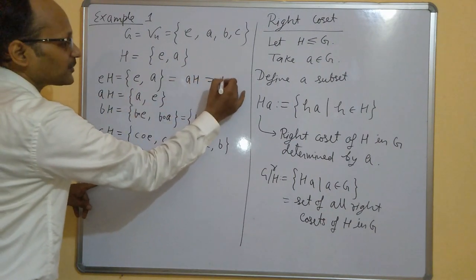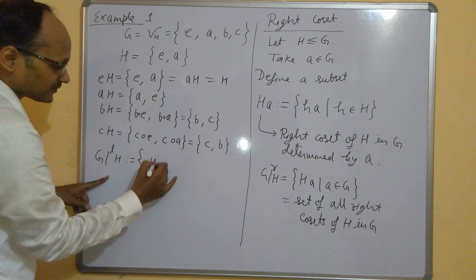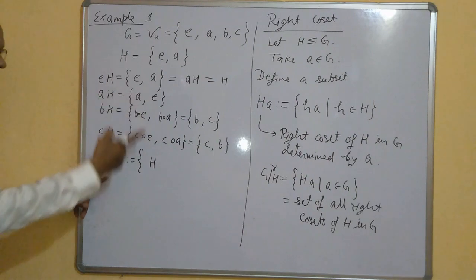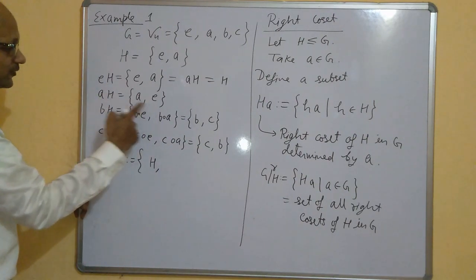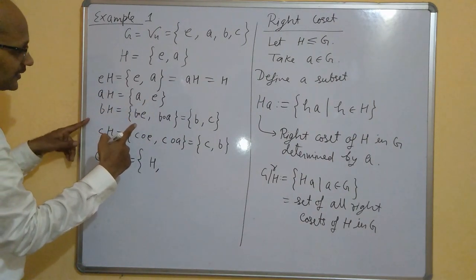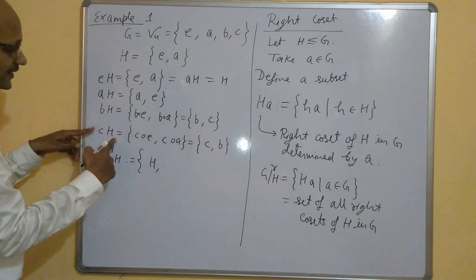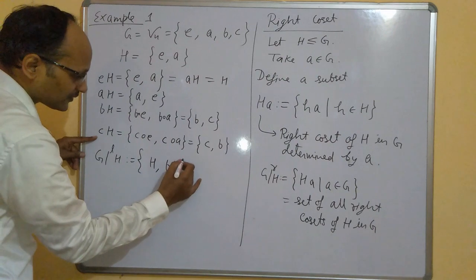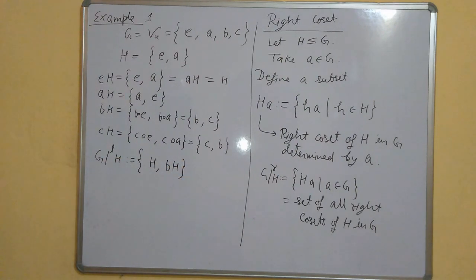It is also the same as H. So let me write H here. In place of H, if you want, we can write aH, eH, or anything. Now again, bH and cH are the same. So as a set, either write bH or cH. So this is the set of all left cosets.